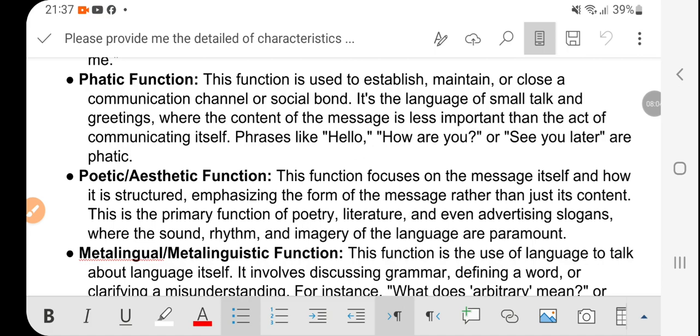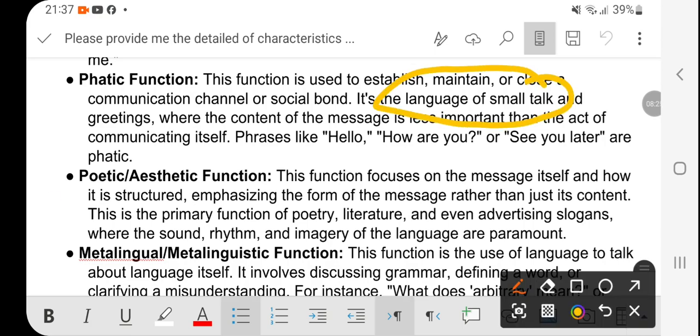So this is called phatic, okay, communication channel or social bond. When we establish or maintain or close the social bond, then we use such type of language, which is called phatic language. It is the language of small talk, which is very important. It's a language of small talk and greetings.